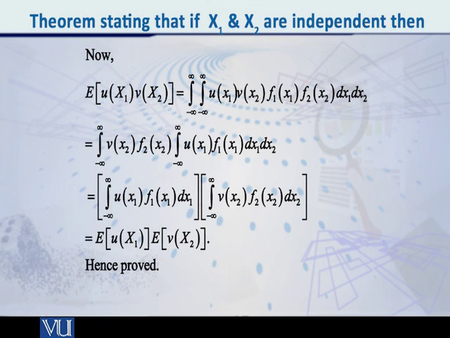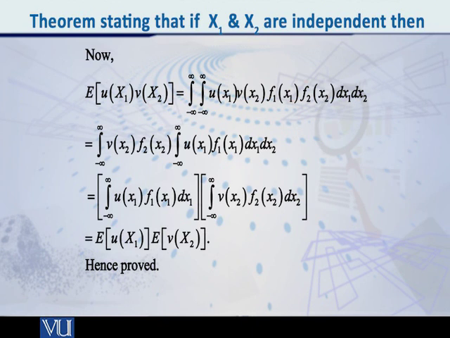The integral from minus infinity to infinity u(x1) f1(x1) dx1. This whole thing multiplied by the integral from minus infinity to infinity v(x2) f2(x2) dx2. अब ये जो पहली चीज है, my dear students, that is the expected value of u(x1), और ये जो दूसरी चीज है, that is the expected value of v(x2) by the basic definition of expectation.